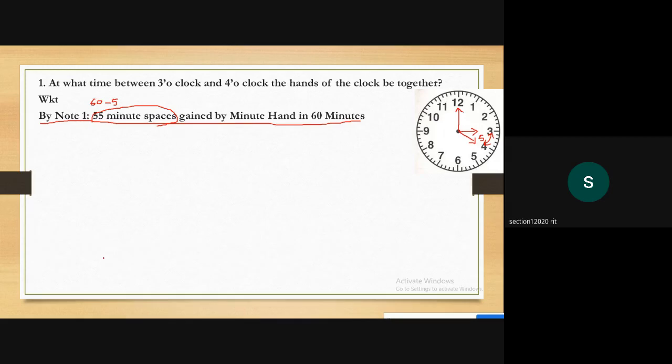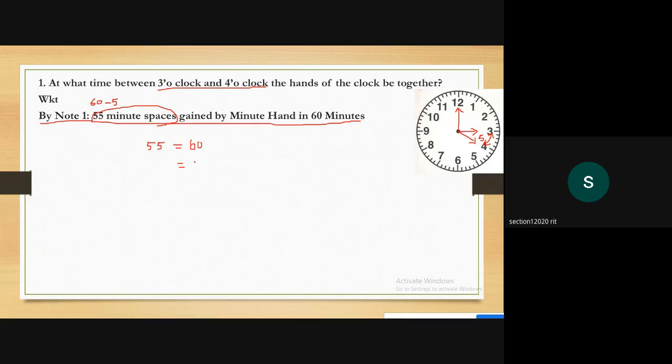So let us try to solve this particular problem with note number 1. To my understanding, I'm going to write here: 55 minutes gain is equal to 60 minutes. The question asks 3 o'clock to 4 o'clock. So somewhere between 3 and 4 o'clock, the minute hand and the hour hand are going to be at a particular space.